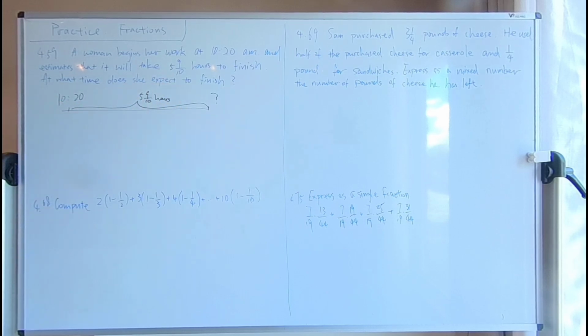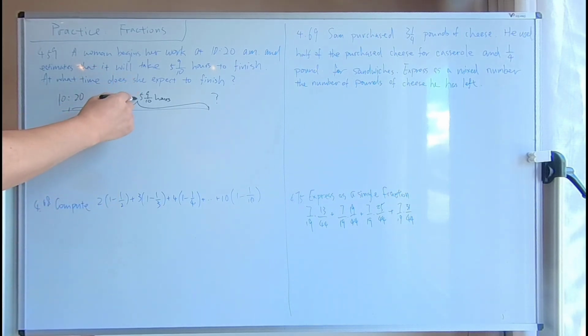Right, so it looks like we need to add the hours expected to be spent working to the starting time, and the outcome should be the ending time, when she expects to finish. There are actually two different ways you can do this, because this number is already a mixed number.